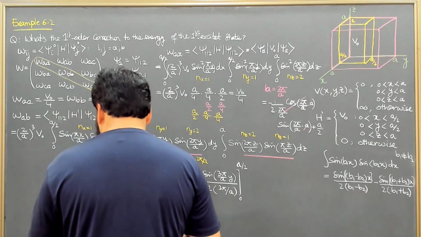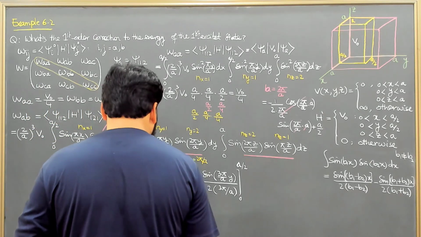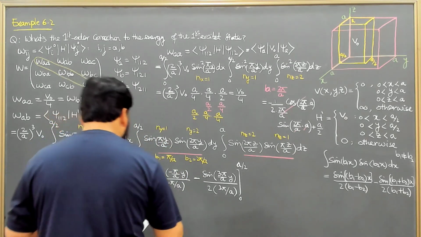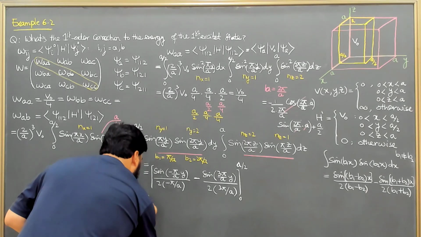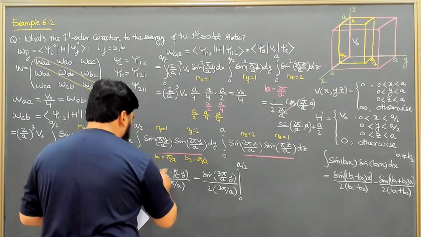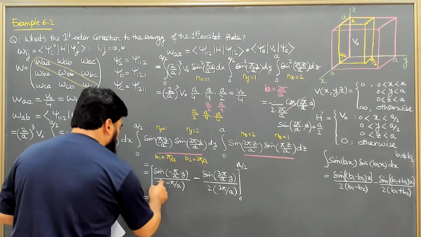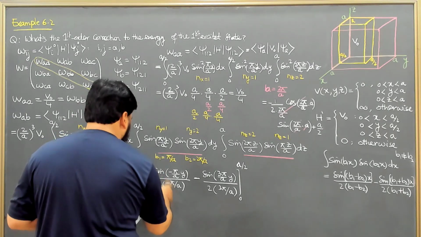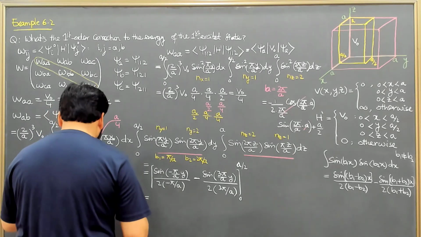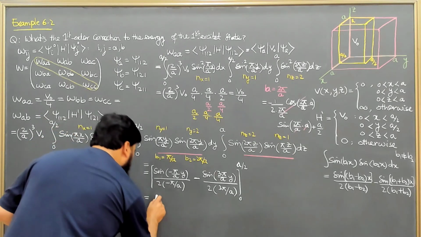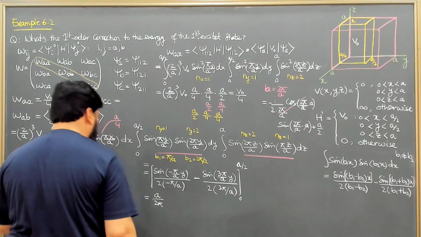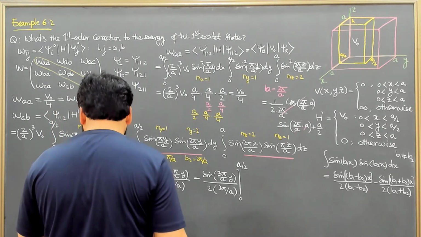Let me write this thing a step more if you want. This thing is equal to minus cancel, so a over 2 pi, since sin(pi by 2) we know is 1.